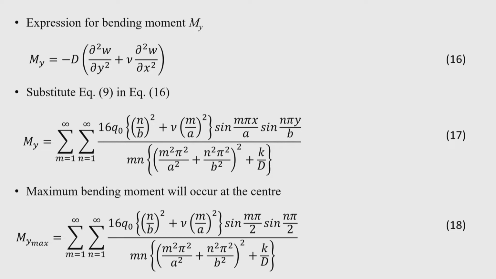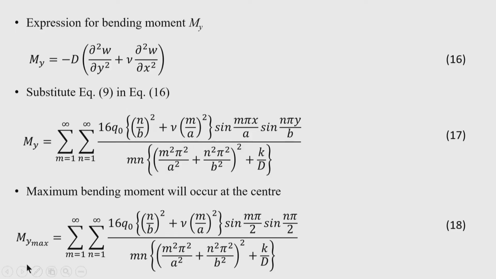Knowing the deflected surface w, here we call it a surface because it is a 2 dimensional problem, we can find the second derivative with respect to x and with respect to y, and then after substituting this in expression 16, we can find the expression for My.